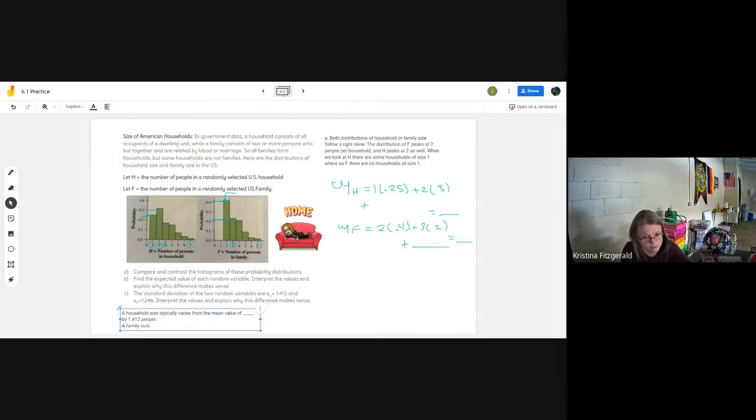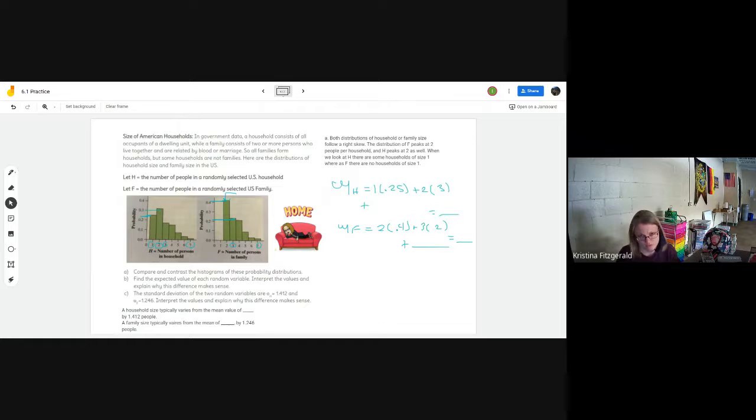A family size typically varies from the mean of whatever it is from part B by 1.246 people.